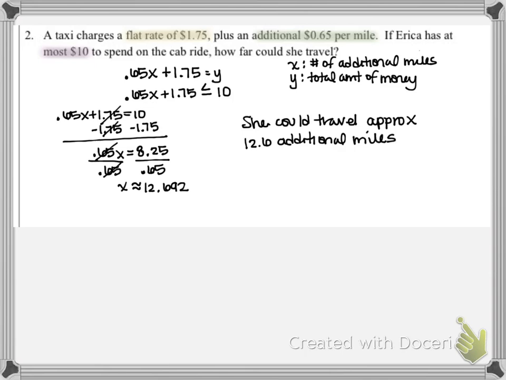Where we know for sure she has to pay the flat, actually, yeah, she's got to pay the flat rate. It doesn't say that that is for the first ride, first mile or not. So she's got to pay the $1.75. So I don't even know necessarily that this is additional miles. I think she only gets to go 12.6 miles, period.